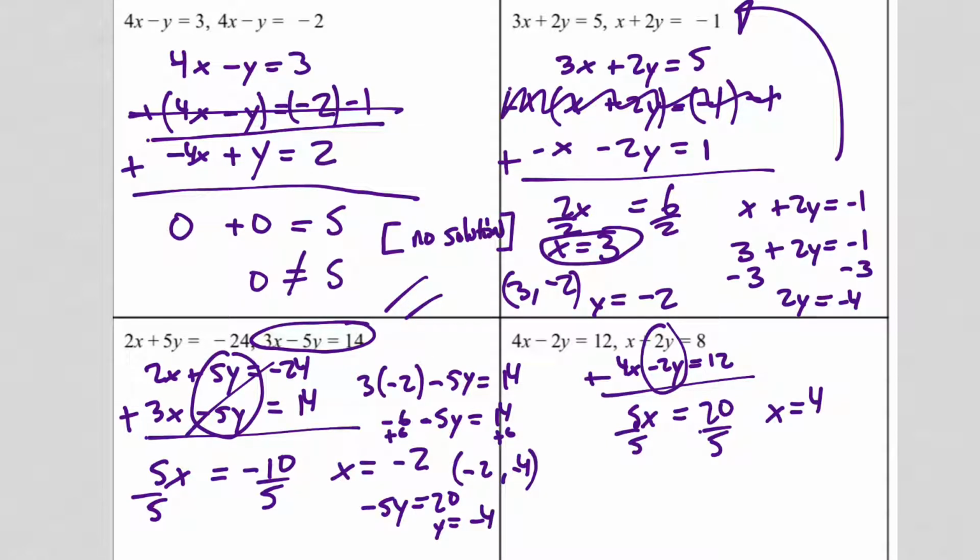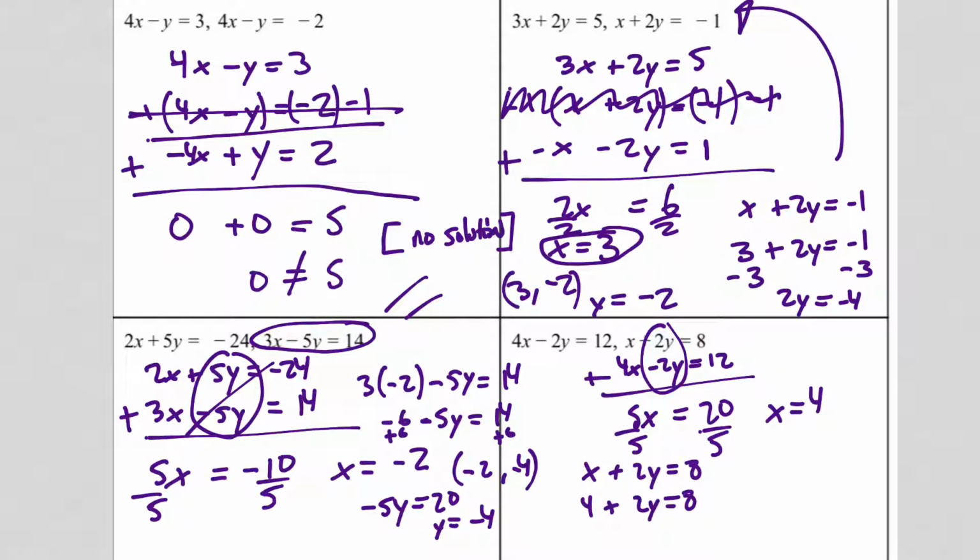If x is equal to 4, and I know x plus 2y equals 8, well then 4 plus 2y equals 8. Subtract 4 from both sides. You're going to get 2y is equal to 4. Divide by 2. y is equal to 2. 4, 2.